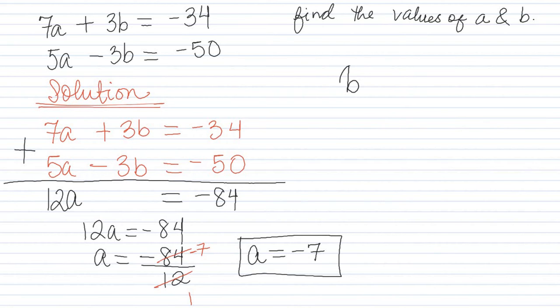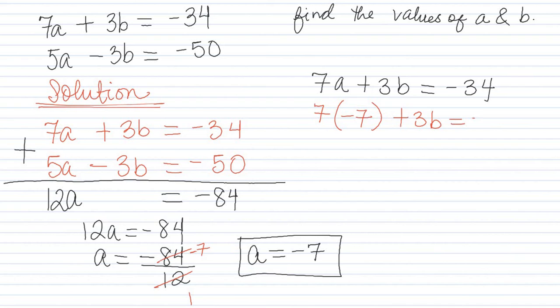Now we have to go on to solve for the value of b because we do not know what b is, right? So we can just pick any of the two equations. I'm going to pick the first equation, 7a plus 3b equals negative 34, because honestly it's the one that seems easier to me. You can pick the second equation, but I picked the first because I like the positive sign there. So that would be 7 times negative 7 plus 3b equals negative 34, and our goal is to find the value of b.